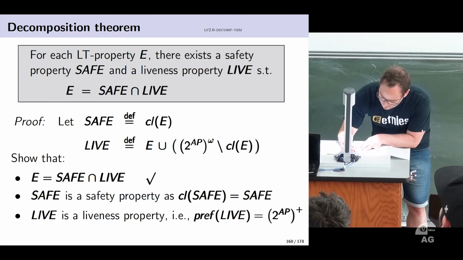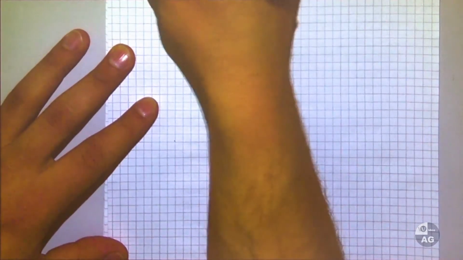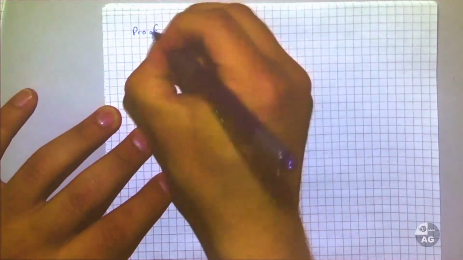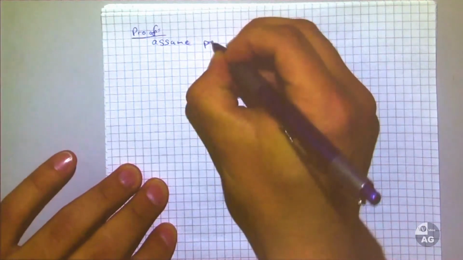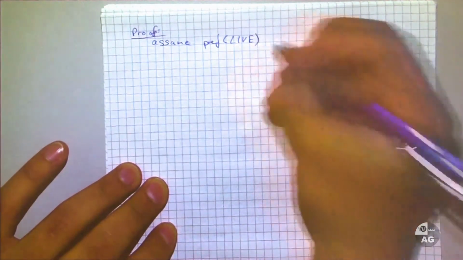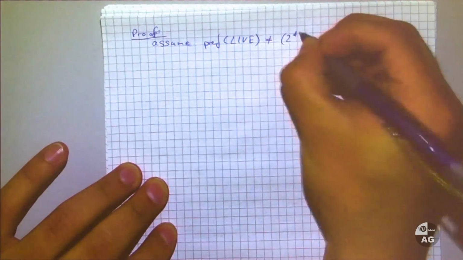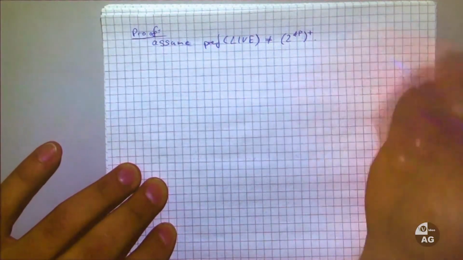Proof. We assume the contrary, that the prefixes of this property live are not all finite words.